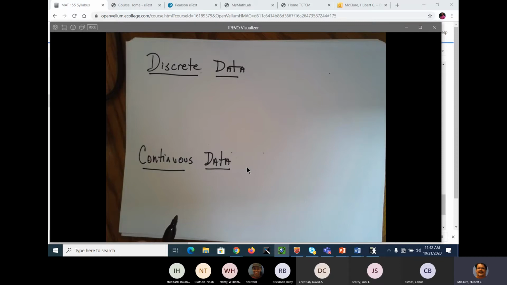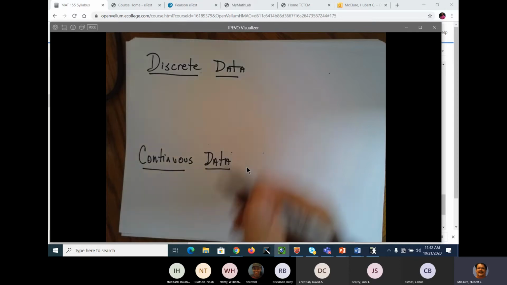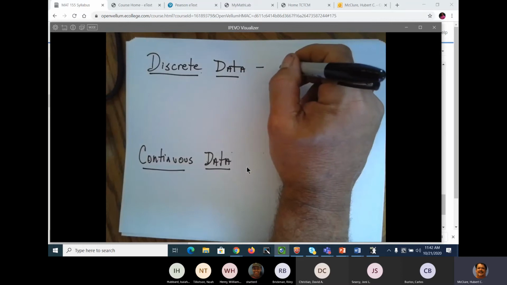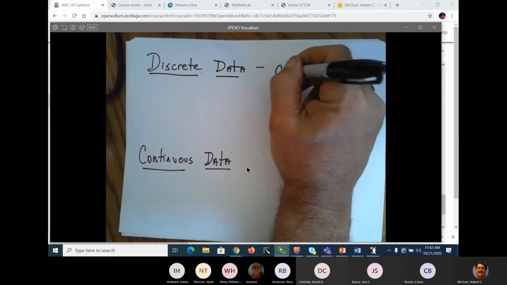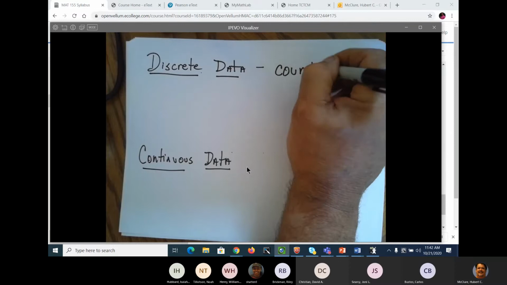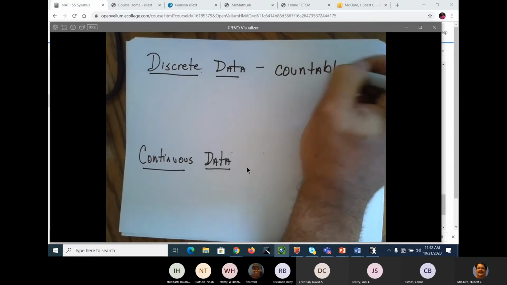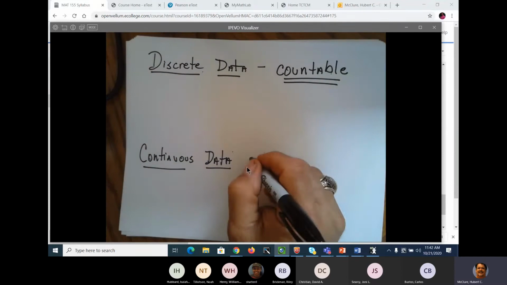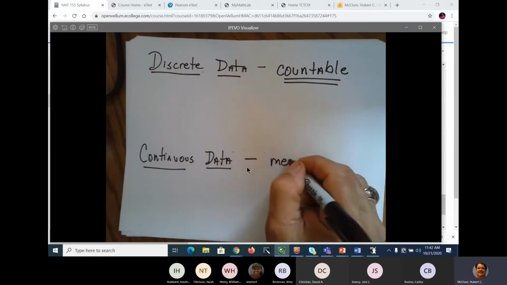So far, everything I've gone over is test questions as far as 12.1. Discrete data is data that is or are countable. Continuous data is measured.